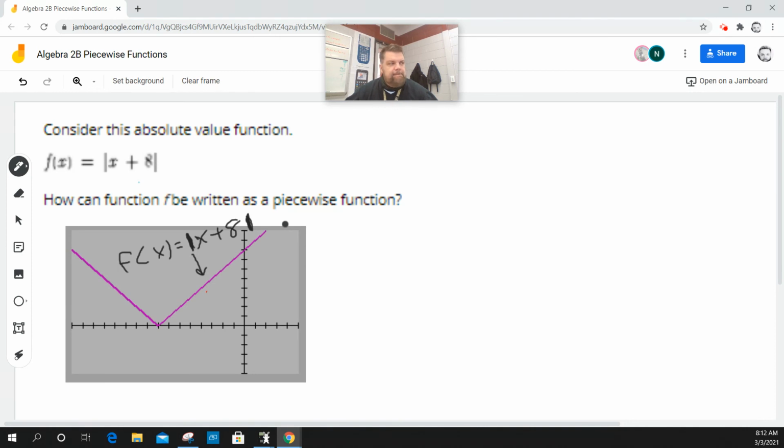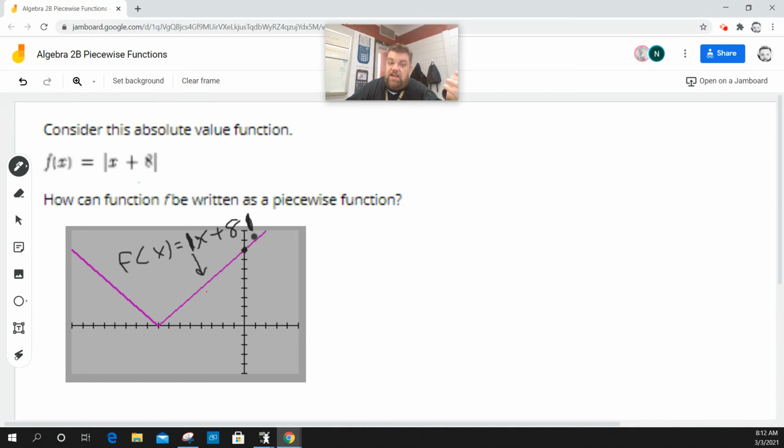I think I have a theory. I think it's going to be, because there's two parts. There's the one function that goes from here to here, and the one function that goes from here to here. So in other words, this one, I know what this is. This is just x plus 8.